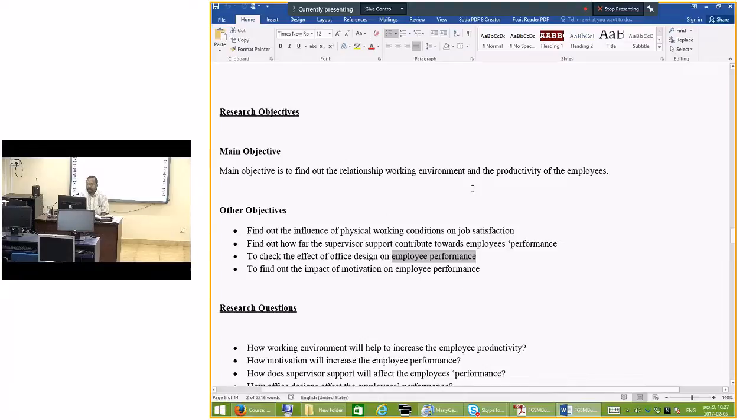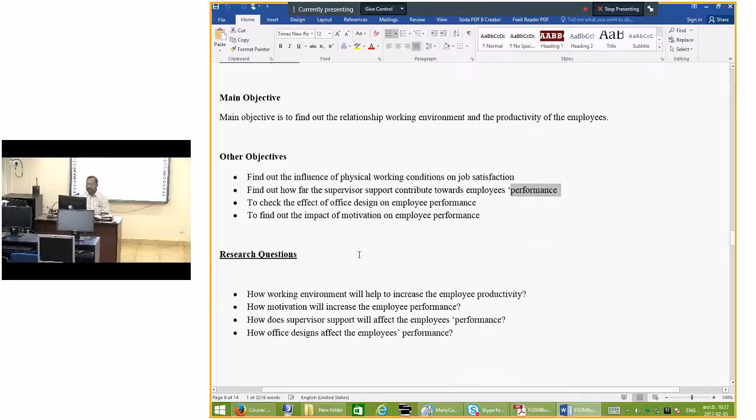Now, the main objective is clear, working environment and the productivity of employees. The second one is working conditions and job satisfaction. Find out how far supervisor support contributes to employee productivity. It should be productivity. To check the effect of office design on employee performance.